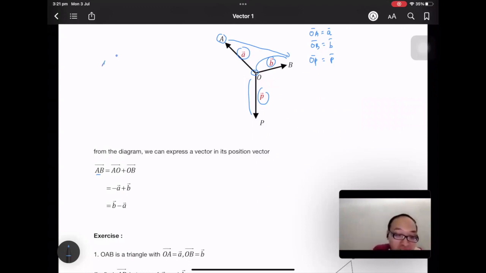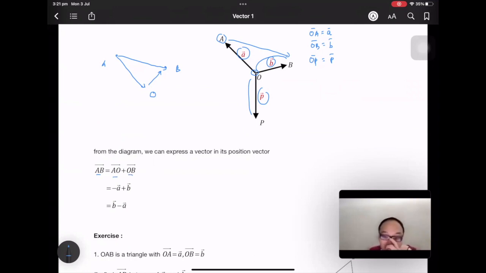This is A, this is B, and this is O. From A to B, we can go A to O first, and then O to B. So AB is AO plus OB.